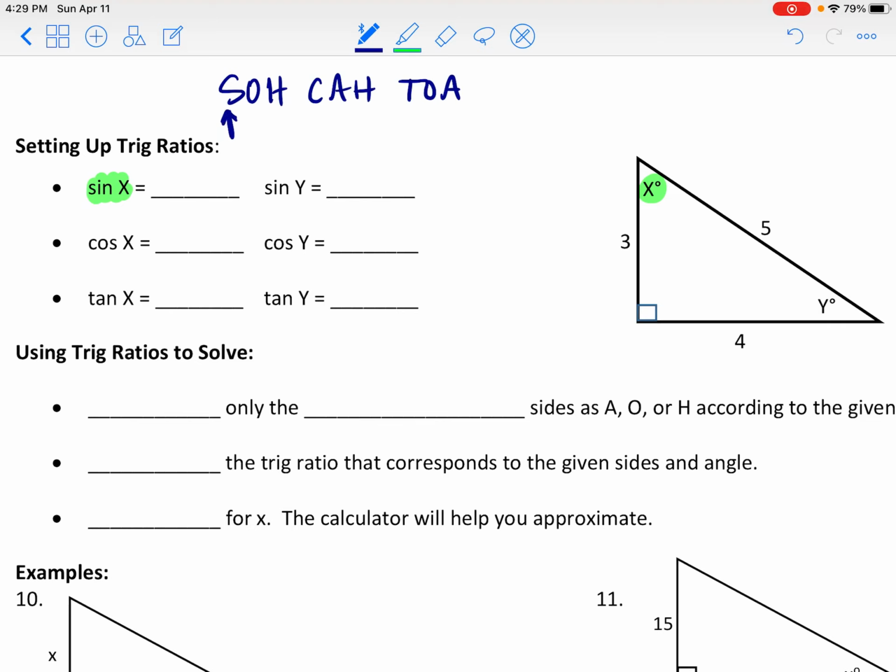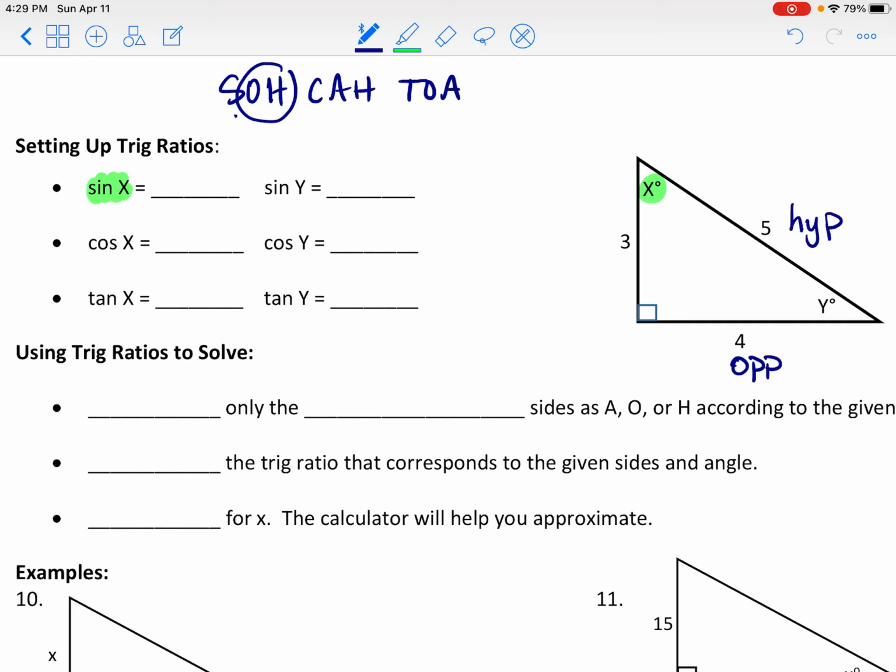That's the first part of our SOHCAHTOA, is supposed to be a ratio of the opposite leg over the hypotenuse. So sine is opposite over hypotenuse. So if we want the sine of X, we have to write a fraction of the opposite leg over the hypotenuse. So for X, the opposite leg would be 4, and the hypotenuse would be 5.